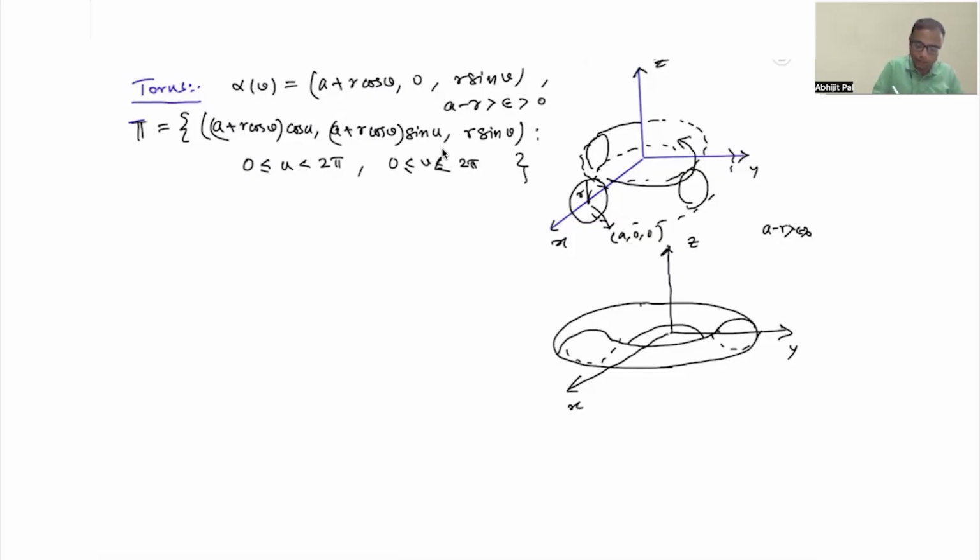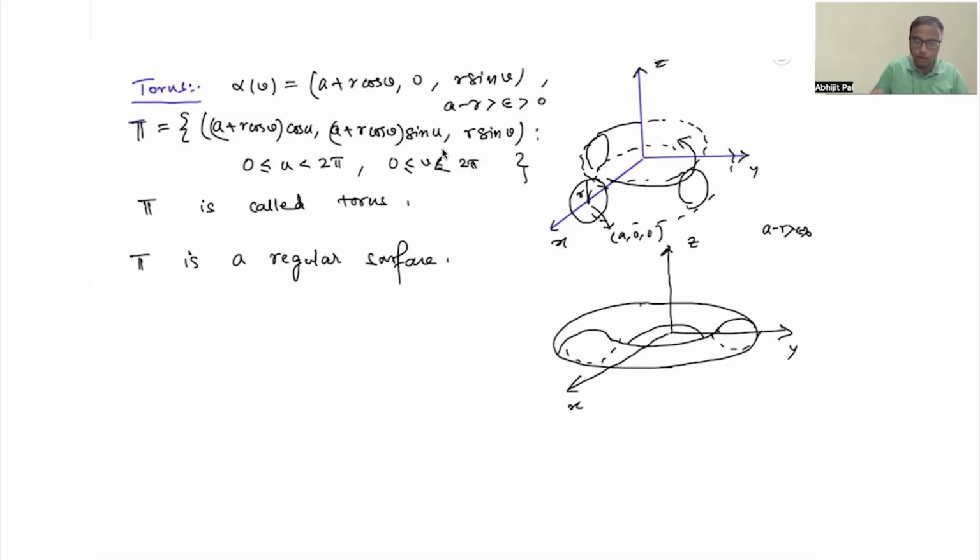So if I take this thing, this T is called the torus. So this torus is a regular surface.